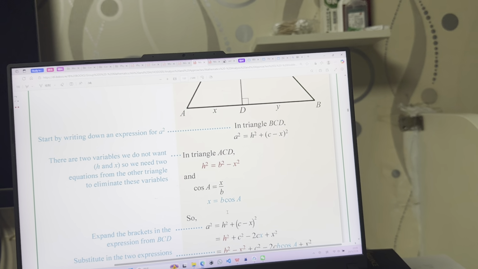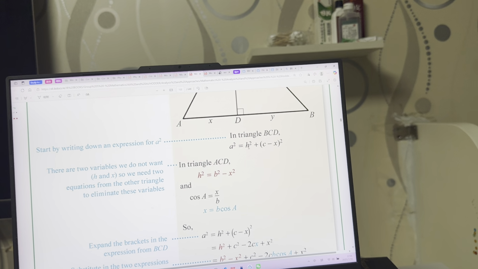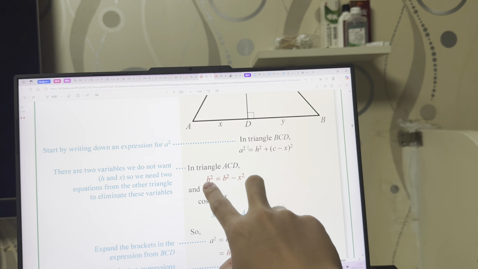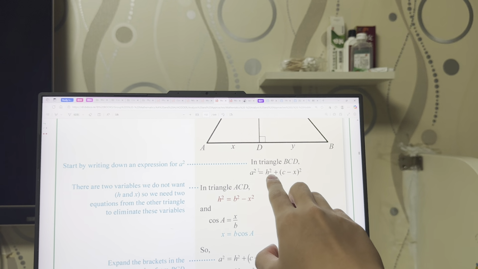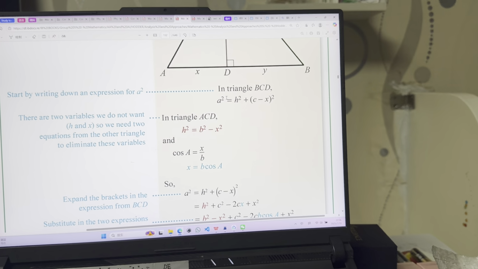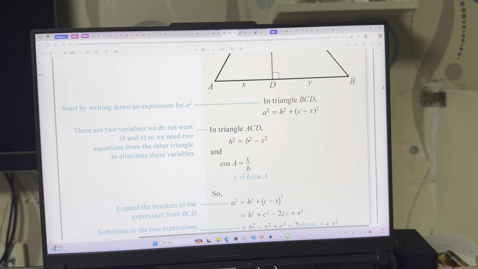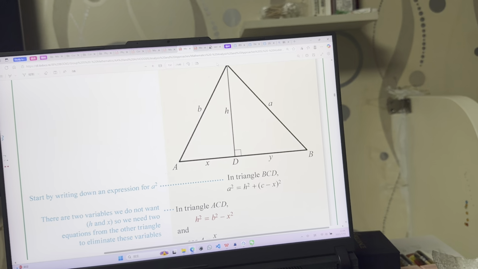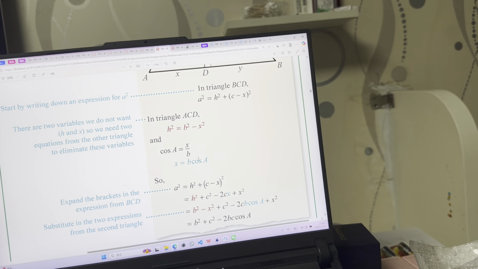Because both equations have h squared, we can use one to replace the other's h squared. And also we know that cosine A is equal to x over b, according to the definition, neighbor over longest. So x is equal to b cosine A.